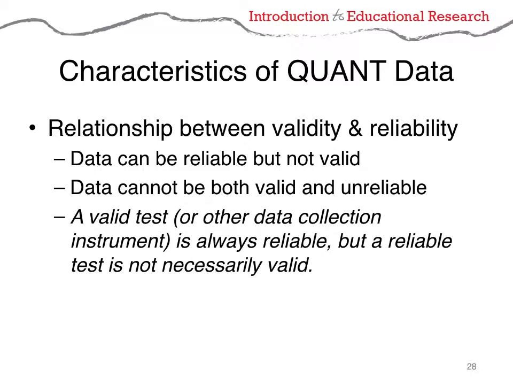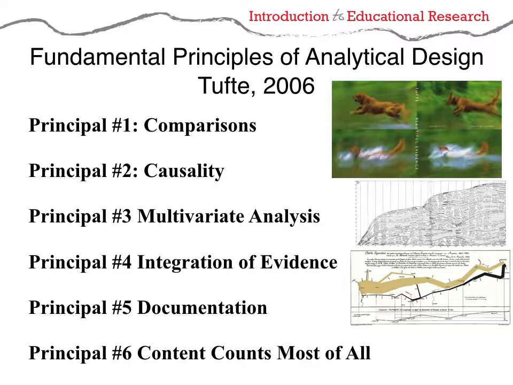It gets you to be able to say that the instrument is performing predictably, right? And a valid test is always reliable, but a reliable test is not always valid, or not necessarily valid. So that's the gist of the relationship.